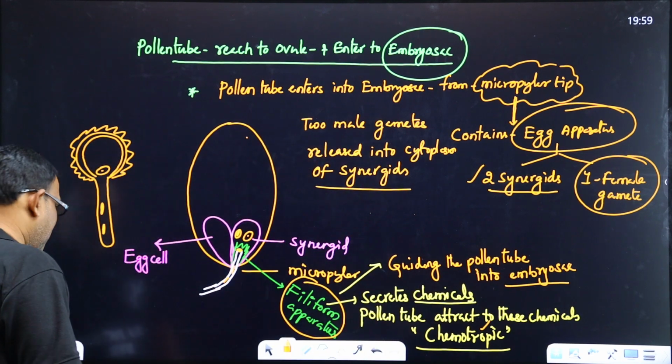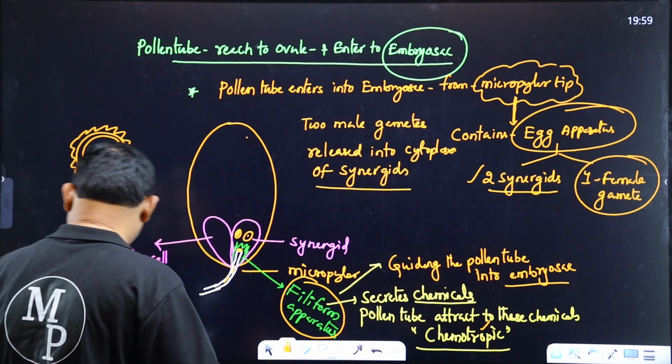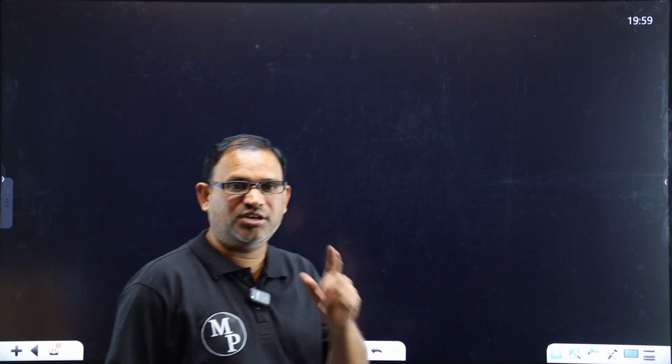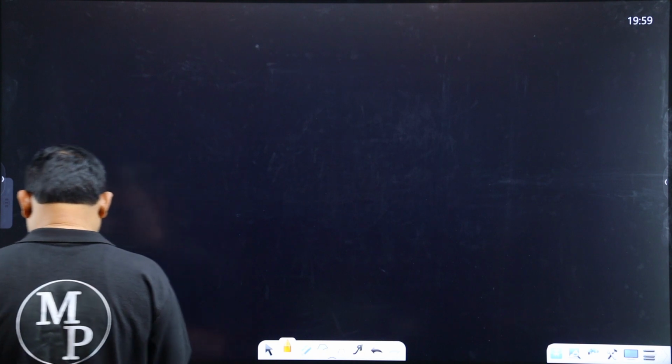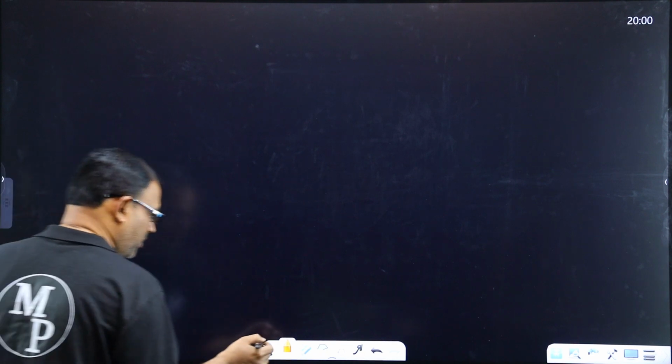Now coming to the next topic. Before double fertilization, there is pollen grain germination. What about in vitro pollen grain germination? There are two small concepts.